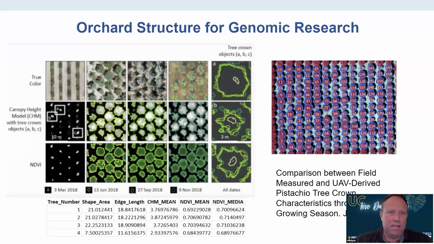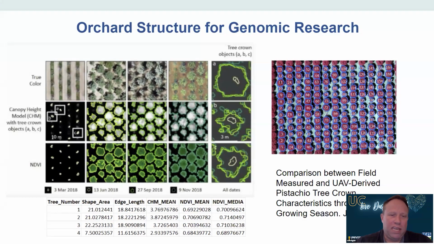Good. And one of the last ones I think we'll talk about here is orchard structure for genomic research. One of the most robust studies that we've done is a multi-date one, and I think I've flown this one site 8 times and then flown a number of other, similar pistachio orchards twice.